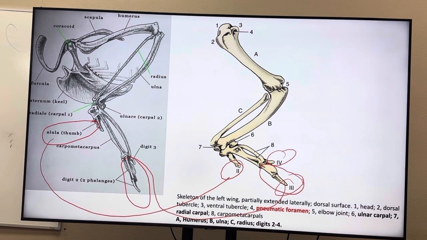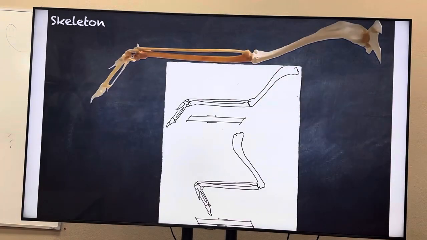How many phalanges do we have in dogs? Three. So here it's either 1 or 2.